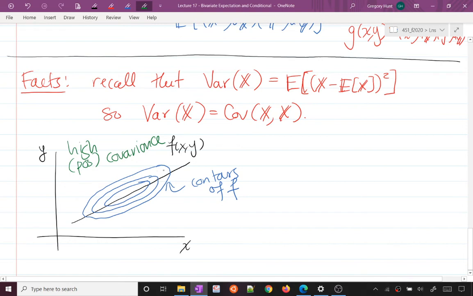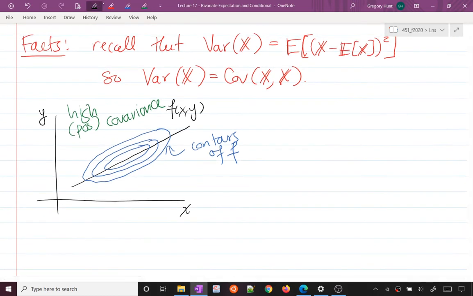If I draw a straight line and the contours of my PMF or PDF are tightly packed around that line, that is, I have a lot of mass or density, that is, it's very likely that x and y are going to fall on this kind of straight line, then I would say that x and y are going to have a high positive covariance, positive because my slope here is positive.